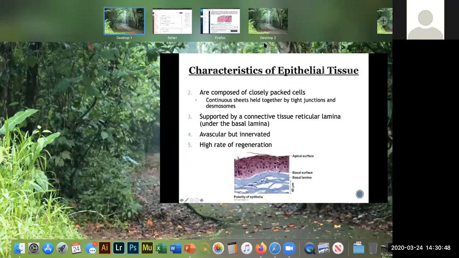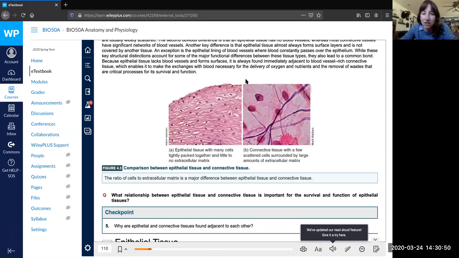And if I switch over, you can see that I'm over at the textbook now? Yes. Okay, cool. So I'm over here in Wiley Plus checking out the e-text. There's this really cool example, figure 4.3. It's in your physical textbook as well, of connective tissue where you can see the cells are just free floating in an extracellular matrix, compared to epithelial tissue where all of the cells are packed together.